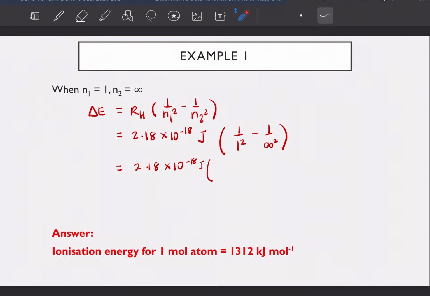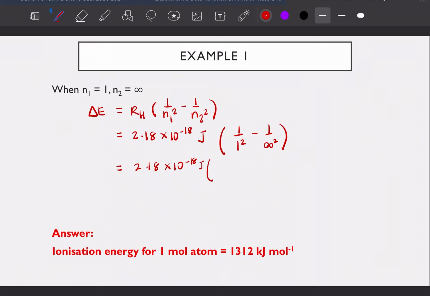So masukkan je lah, maksudnya awak punya delta E will be in joules kan. So masukkan your Rydberg constant that is in joules, and then masukkan n1 which is 1 square, and n2 is infinity. So 1 over infinity square. So maksudnya jawapan awak kat sini apa?